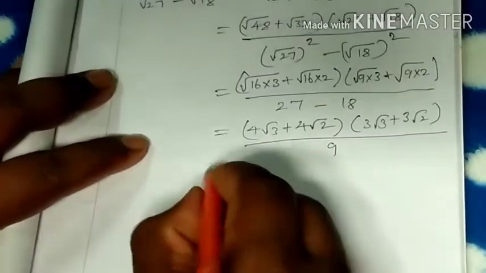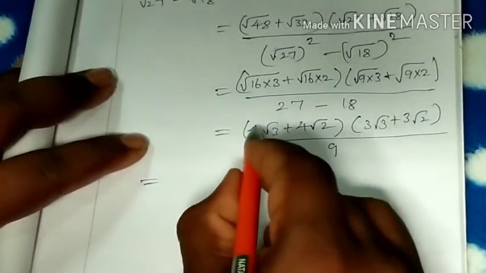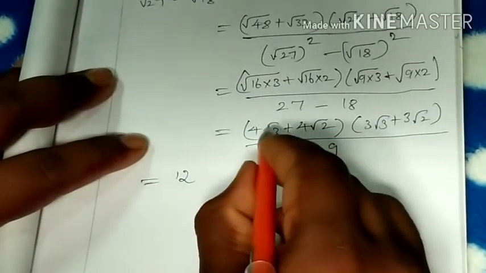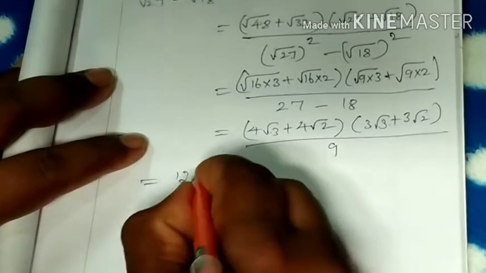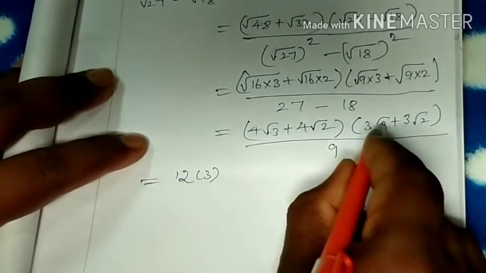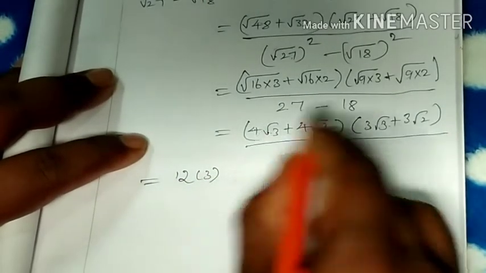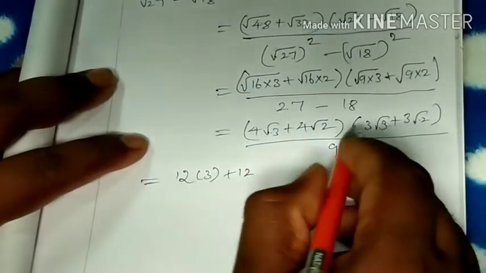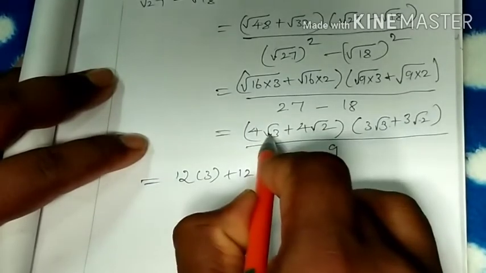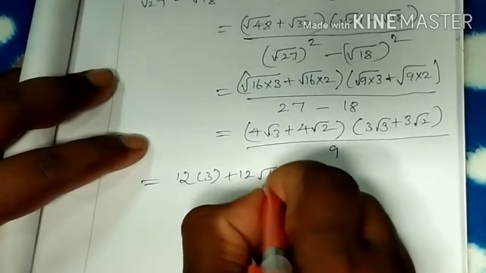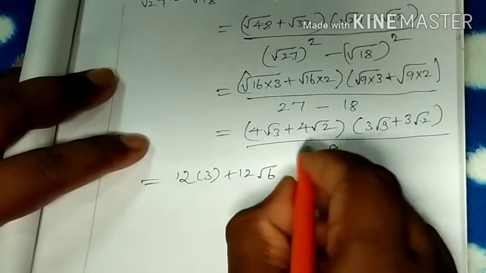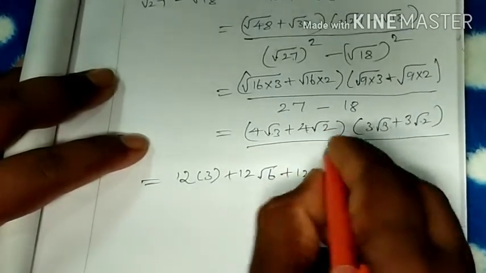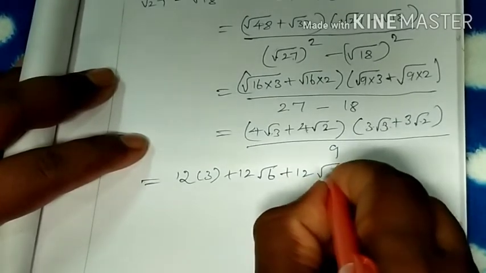Then multiplying the numerator values: first value with the first value, 4 3s are 12, and root 3 into root 3 is 3. Then first value with the second value: 4 3s are 12 and root 3 and root 2 is root 6. Then the second value with the first value: 4 3s are 12 and root 2 into root 3 is root 6.